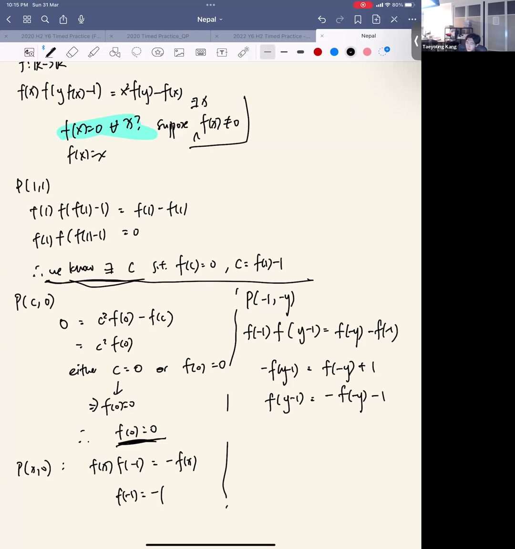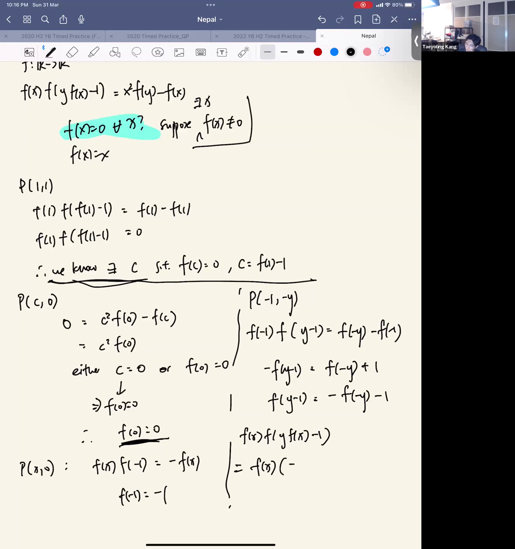So, in other words, f(x) times f(y) f(x - 1) is just equal to f(x) times -f(-y) - f(x) - 1.